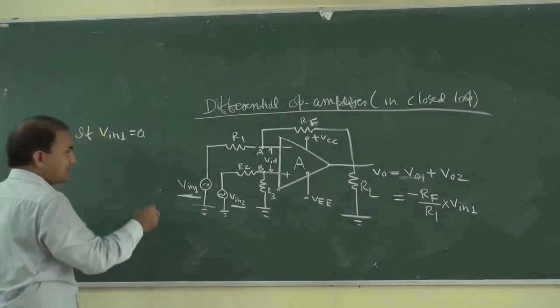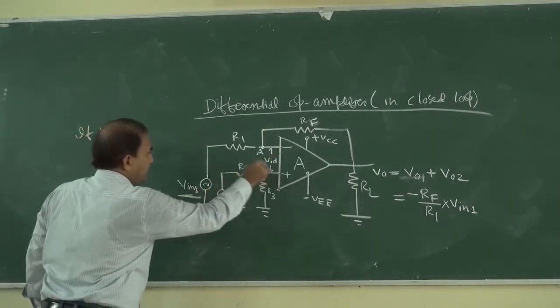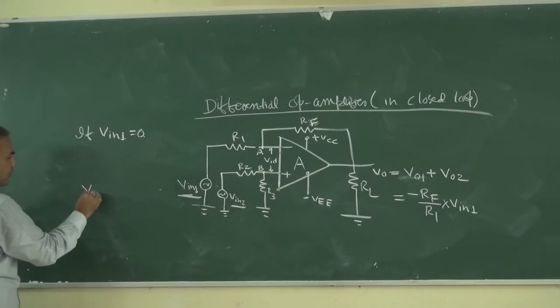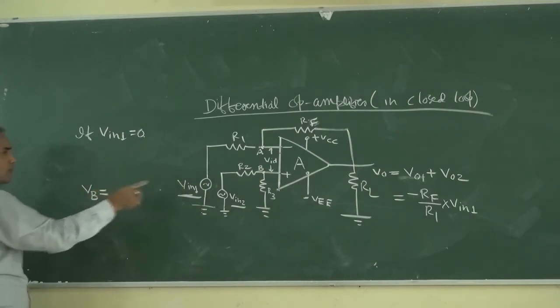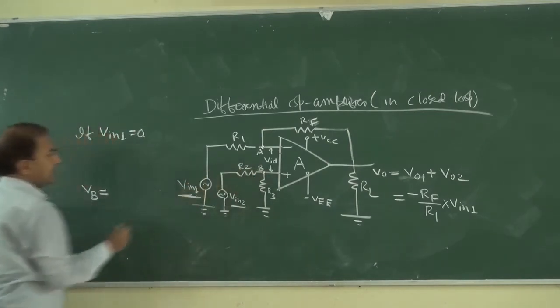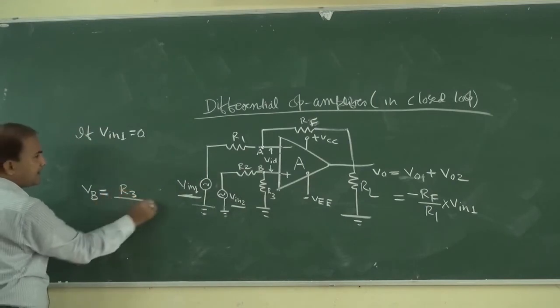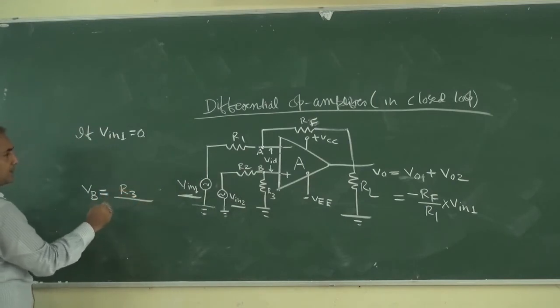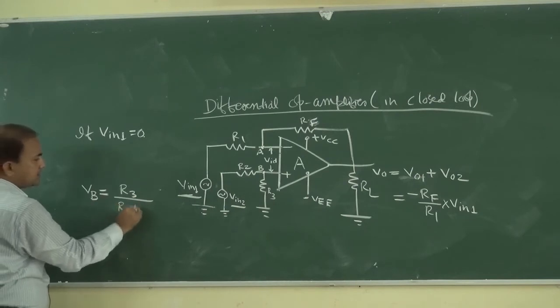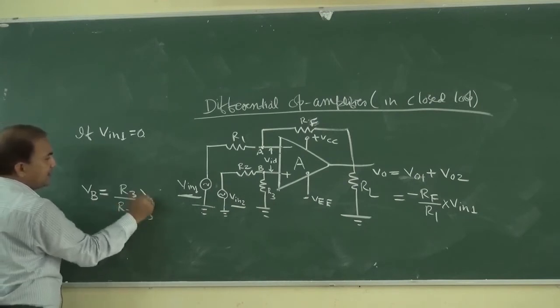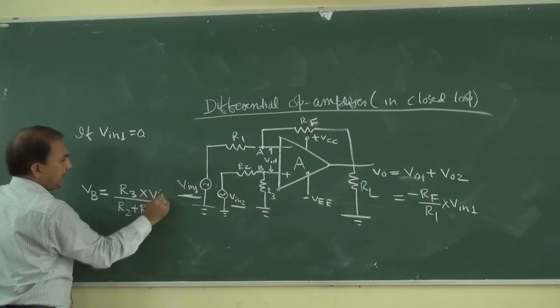For this case, what will be VB? We have to determine the voltage at point B. V at point B is equal to R3 divided by R2 plus R3 multiplied with V in 2.